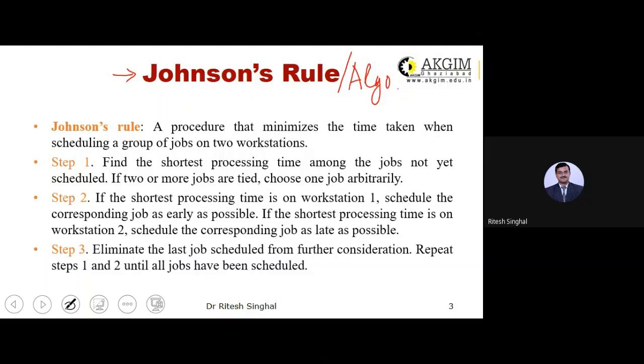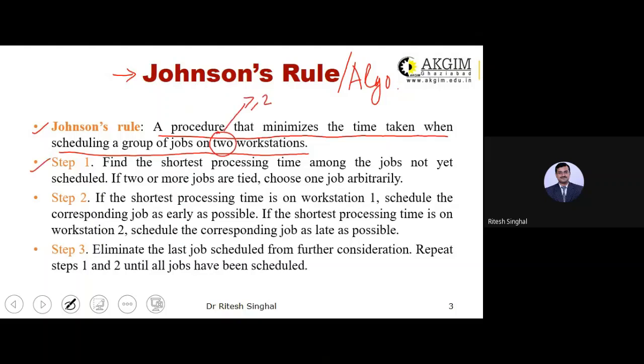Here, Johnson's rule says that it is a procedure that minimizes the time taken when scheduling a group of jobs on two workstations. That may be more than two also sometimes.